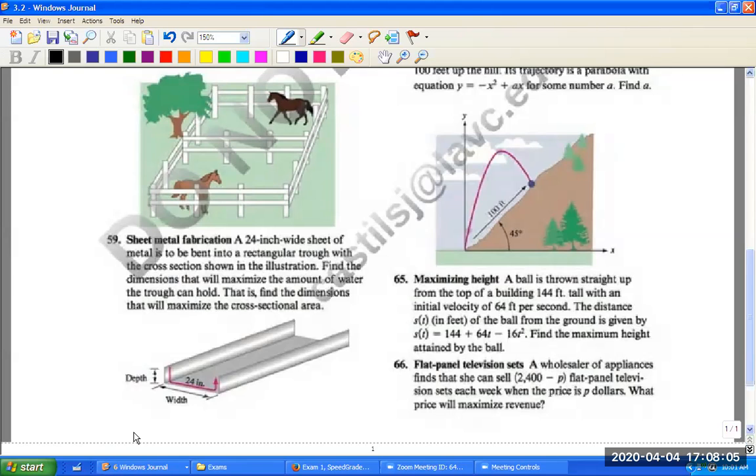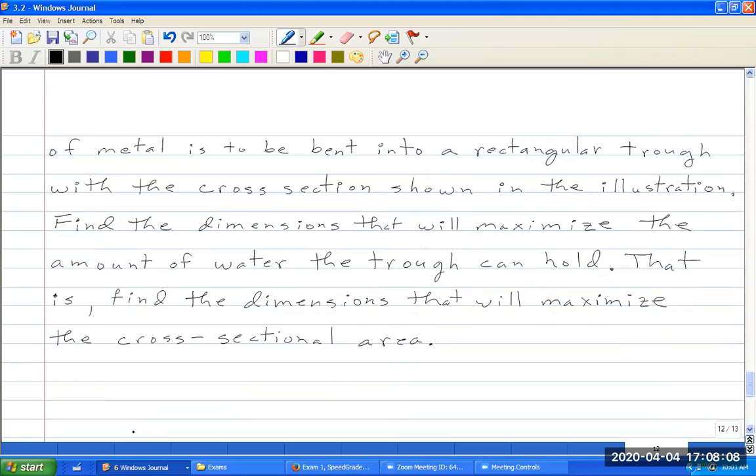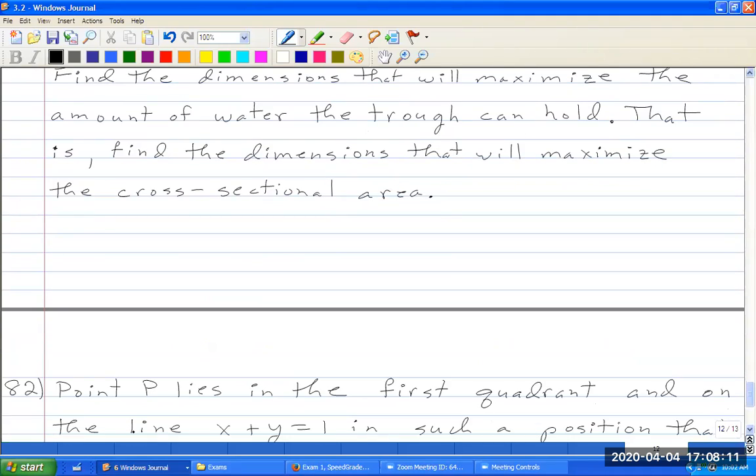Okay, so let's do that. I have this water trough, and I want to maximize this.